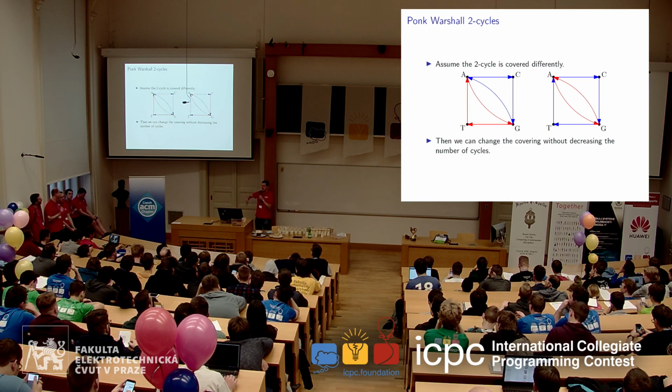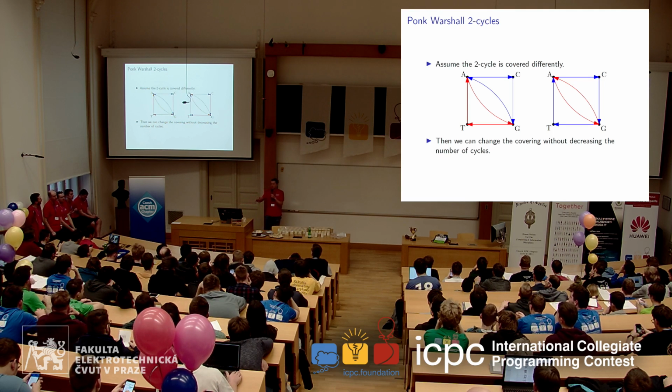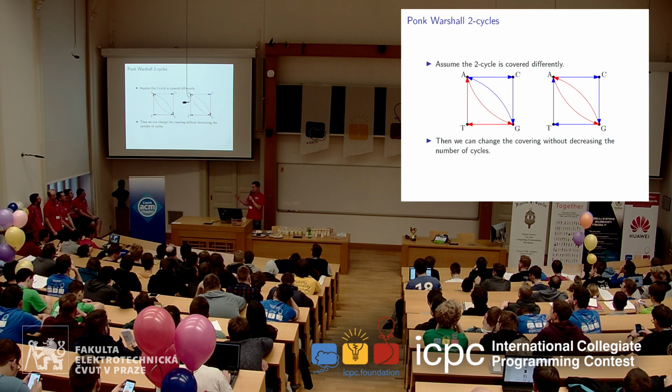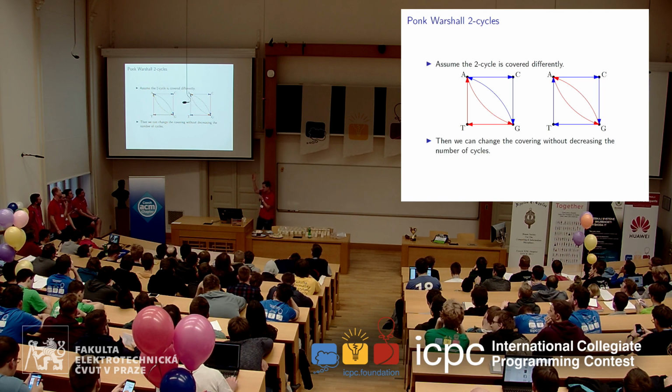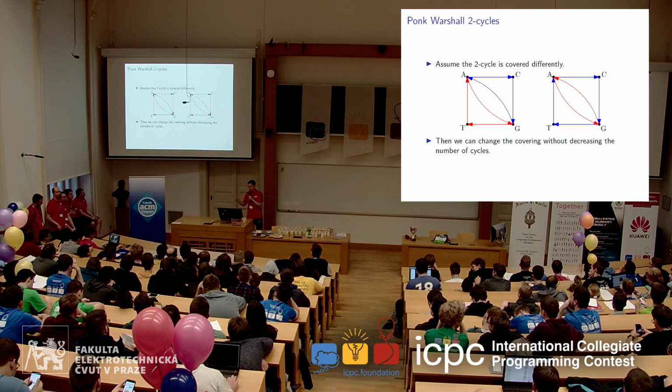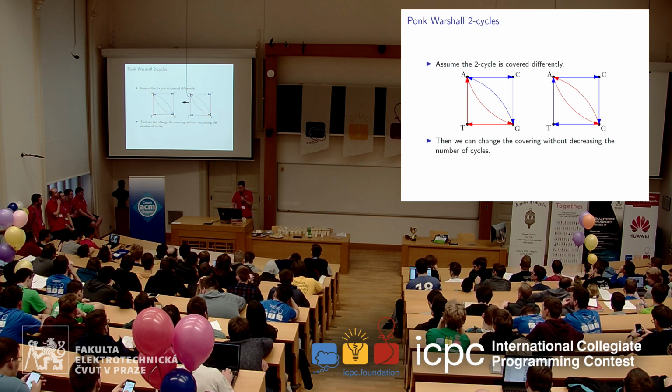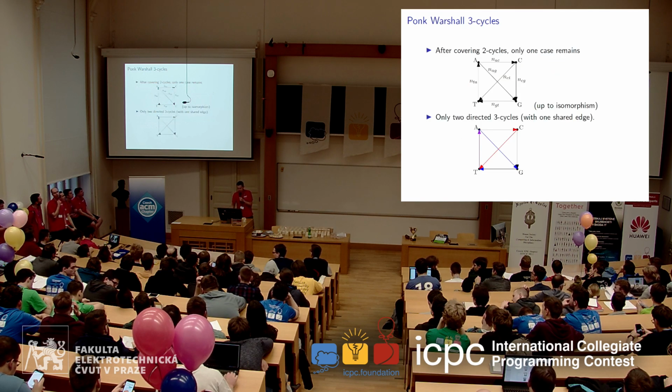But then we can transform this solution into a solution with at least as many cycles. Possibly we sometimes create more than 2 cycles, but always at least 2. So it's always better to take 2 cycles.